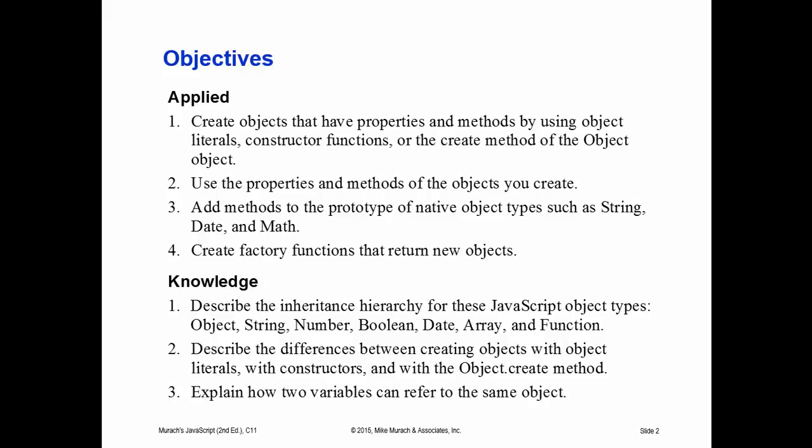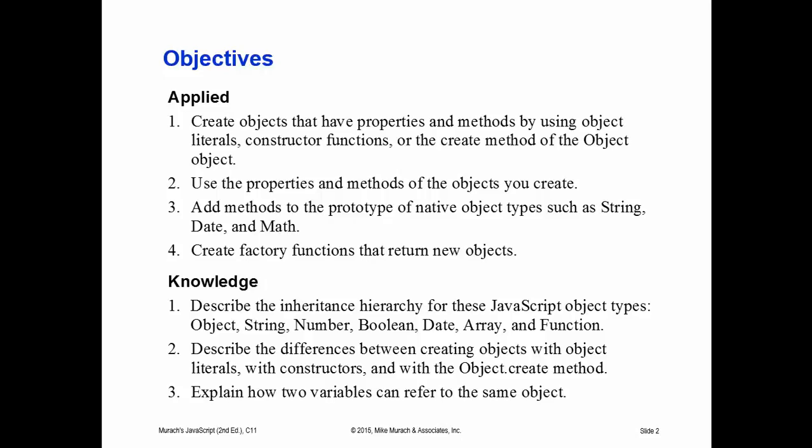Create factory functions that return objects. Describe the inheritance hierarchy for object data types such as object, string, number, boolean, date, array, and function. Describe the differences between creating objects with object literals, with constructors, and with the object.create method.